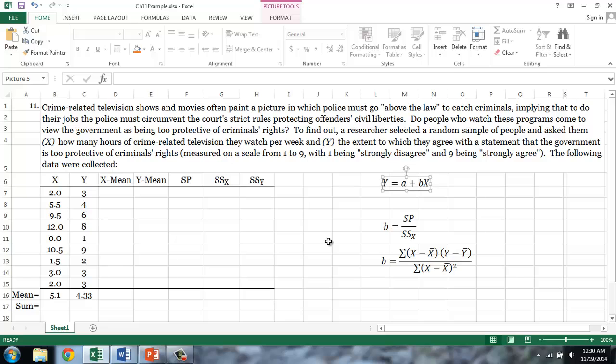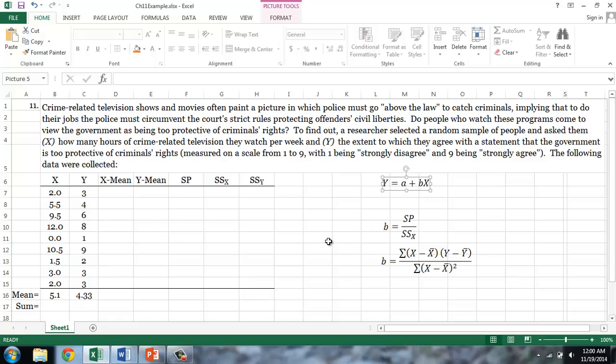The regression line takes the form y equals a plus b times x, where a is the y-intercept, or the value of y when x is 0, and b is the regression coefficient, or the slope of the line, which tells us how much y changes for each unit increase or decrease in x.